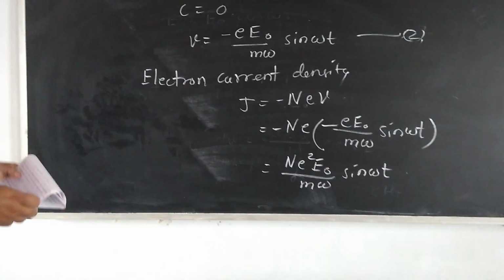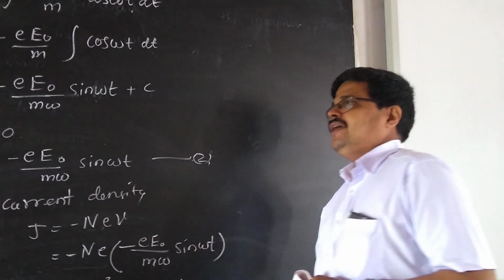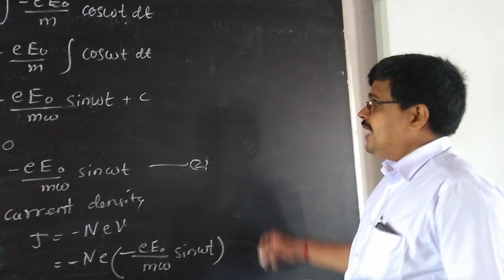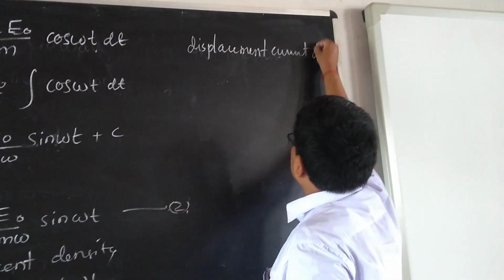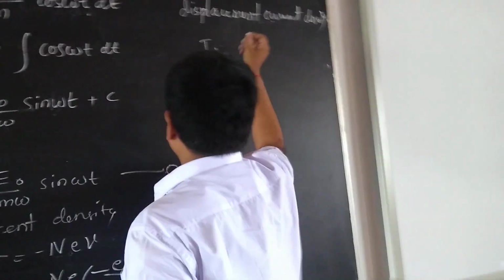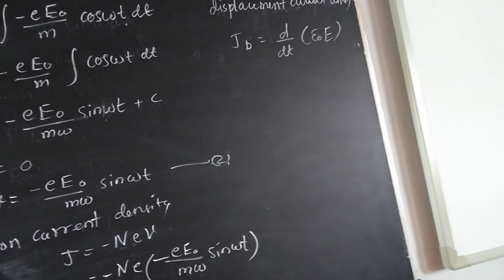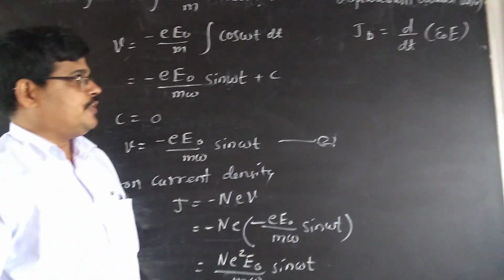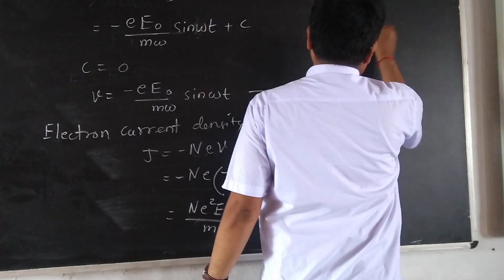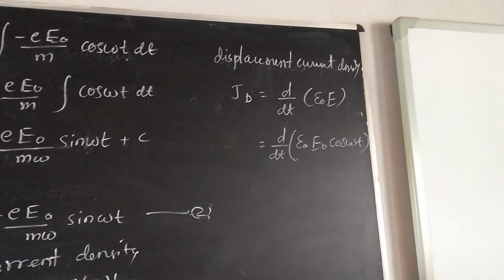Then, if we ignore the presence of electrons, the ionosphere is acting as free space, and the displacement current density is given by J displacement is equal to d by dt of epsilon naught E. From electrostatics, the displacement is given by epsilon naught E plus P, but here the polarization is 0, so the displacement current density is the differentiation of epsilon naught E. So it is d by dt of epsilon naught E naught cos omega t, where I have put E as E naught cos omega t.